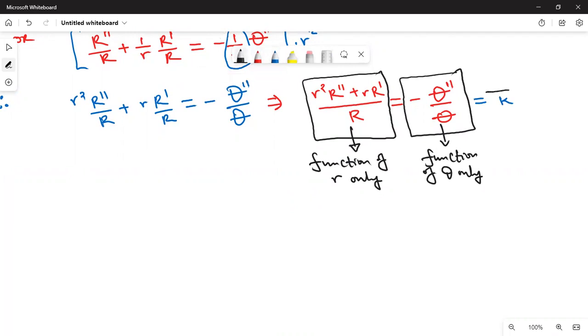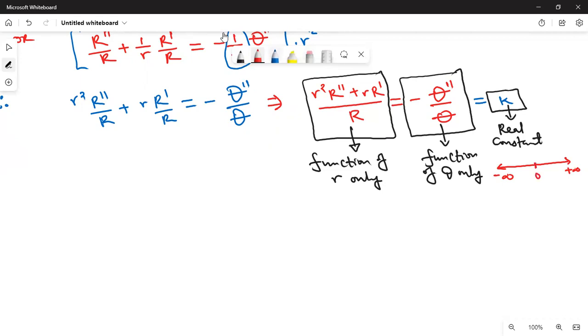k is a real constant, a real number. So if I draw the number line, here we have negative infinity, here we have positive infinity, and here we have 0.